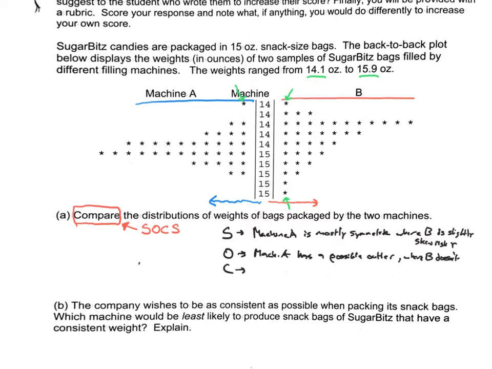Center. So this is where we can actually count. Watch how I do this for machine A. I'm going to go 1, 2, 3, up to 36.